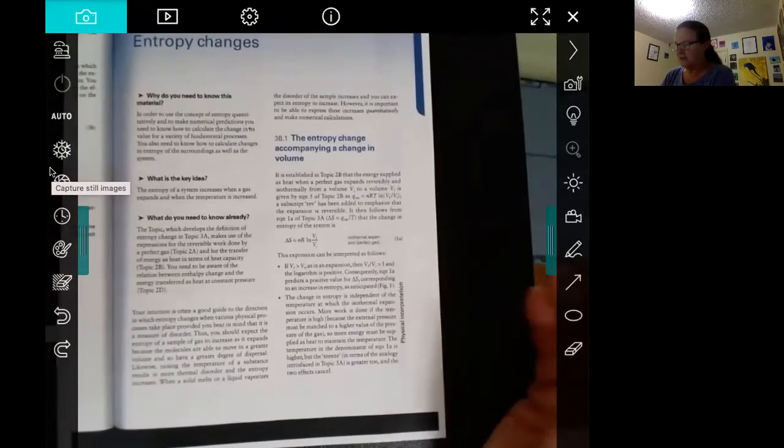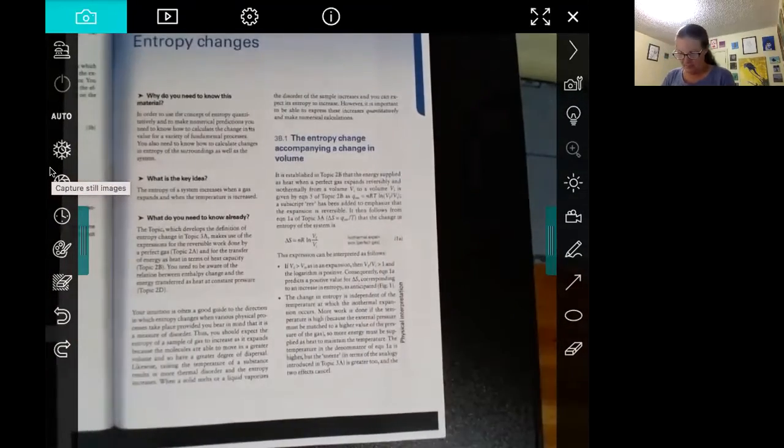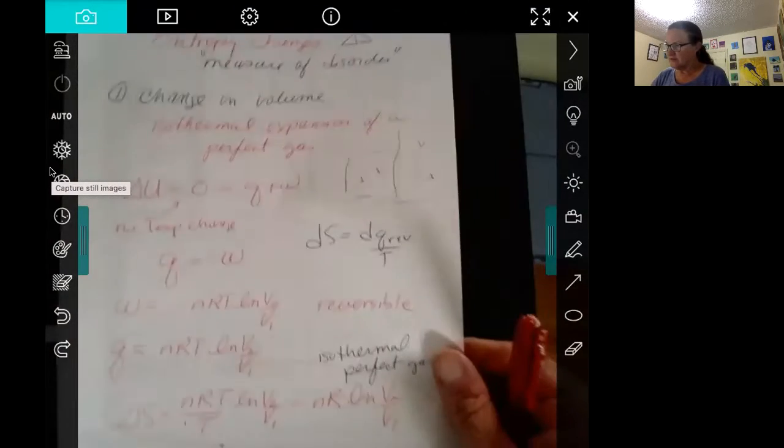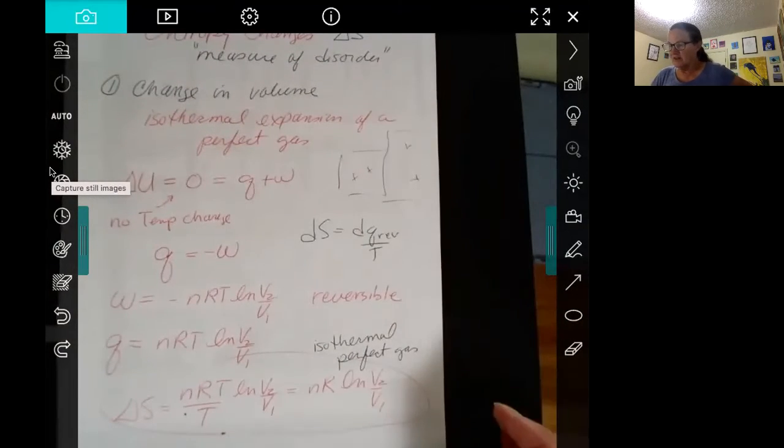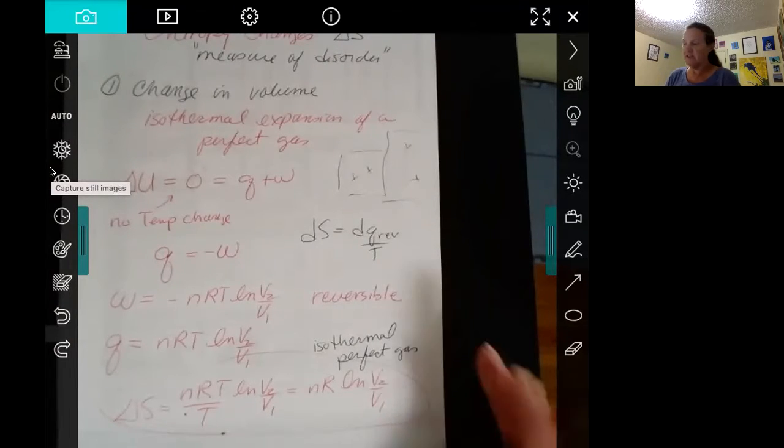So now we're going to move on to topic 3B. We're going to talk about just how do you calculate the entropy changes for different processes. So let's do this. When you have a change in volume, we know the entropy changes because the isothermal expansion of a perfect gas is spontaneous.